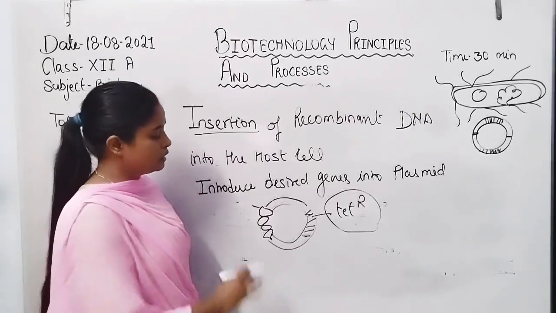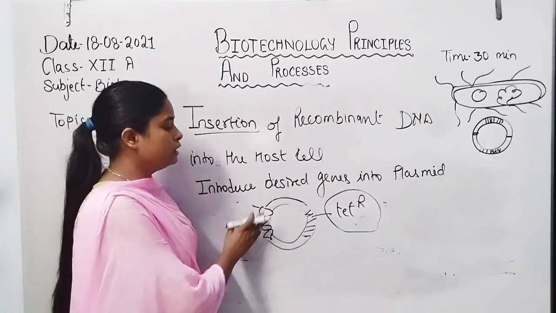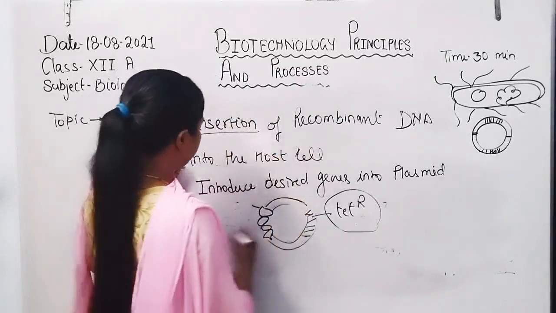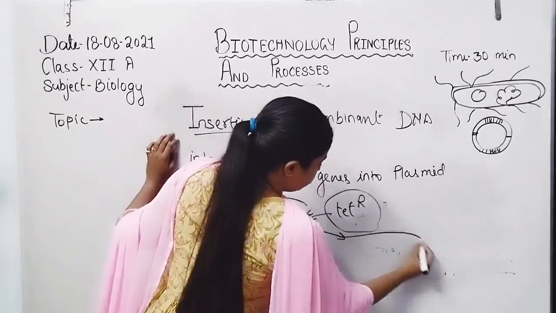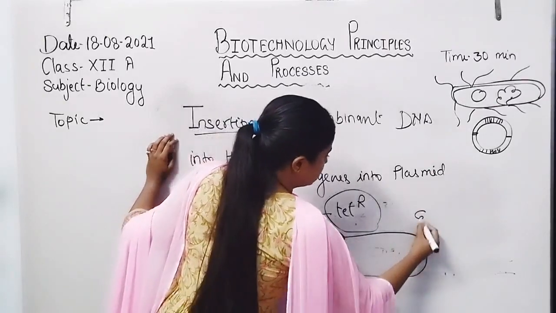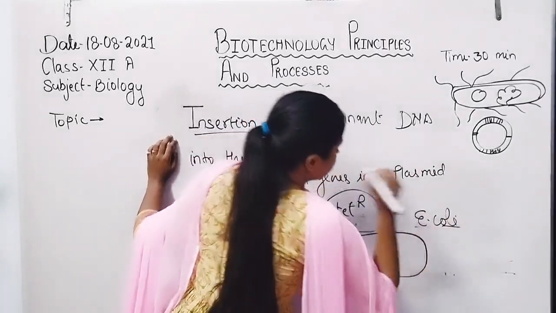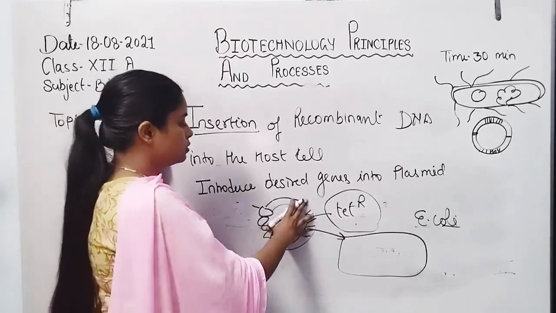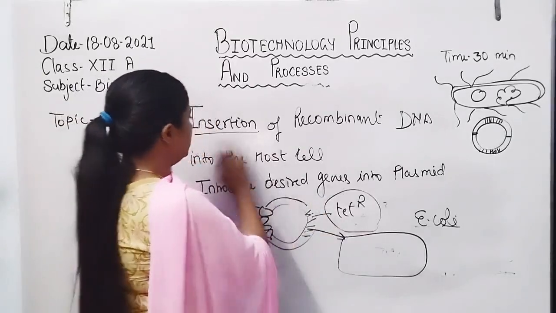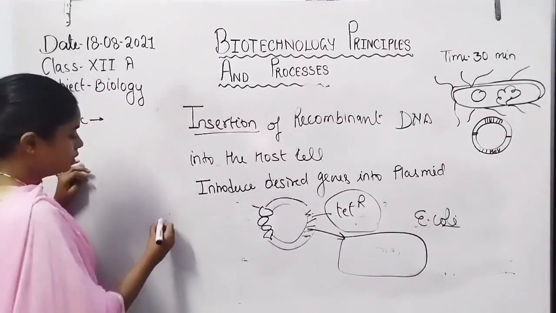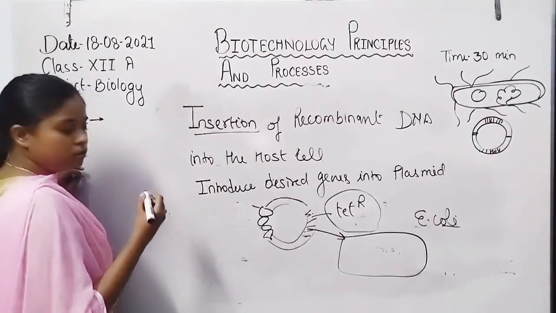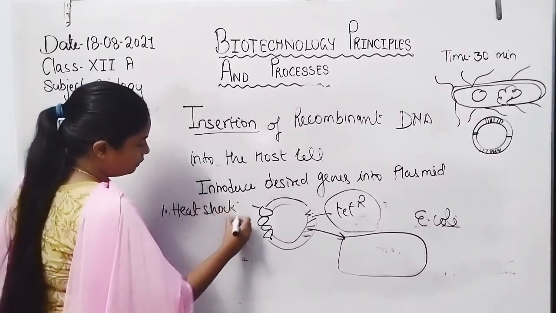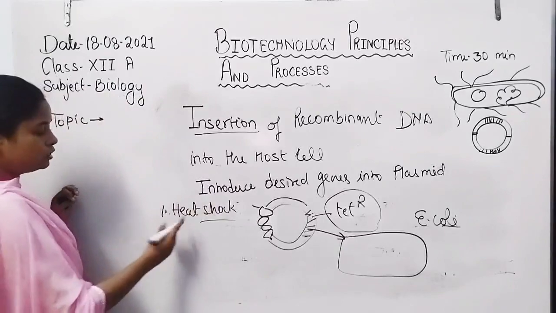Now after this, because our genetic material got ligated into the plasmid, comes the insertion of the recombinant DNA into the host cell. The host cell is E. coli bacteria. Here is E. coli bacteria. Now how can we introduce this recombinant DNA into the host E. coli? By different methods, first by the heat shock method.